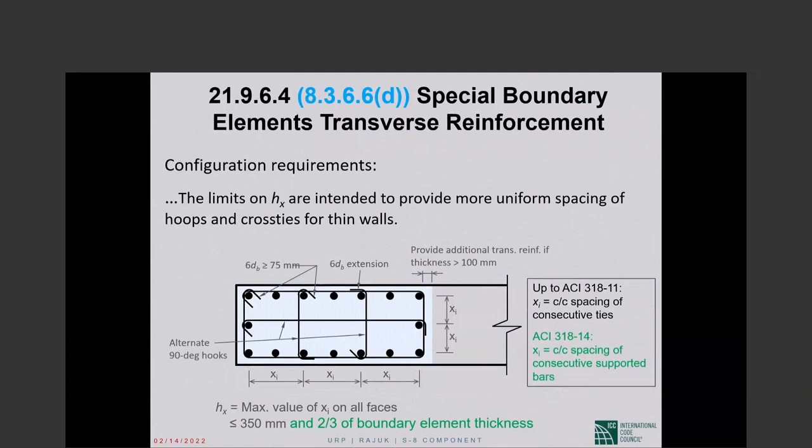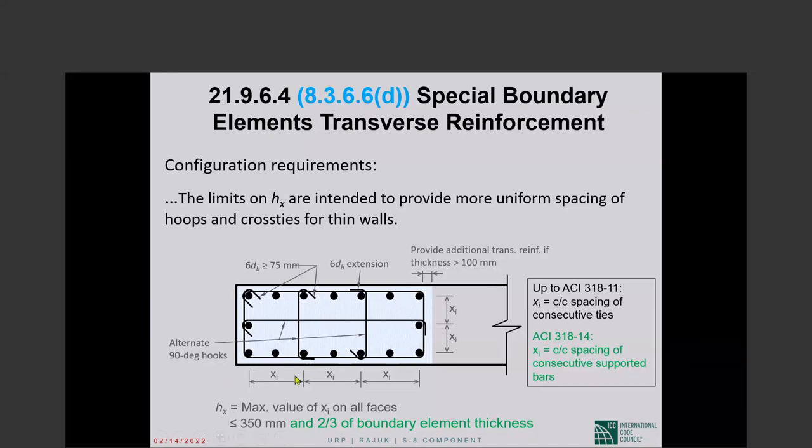So specially confined boundary zone reinforcement. What are the configuration requirements? We have gone over this multiple times. Every other longitudinal bar shall be laterally supported by a corner of a tie or a cross tie.